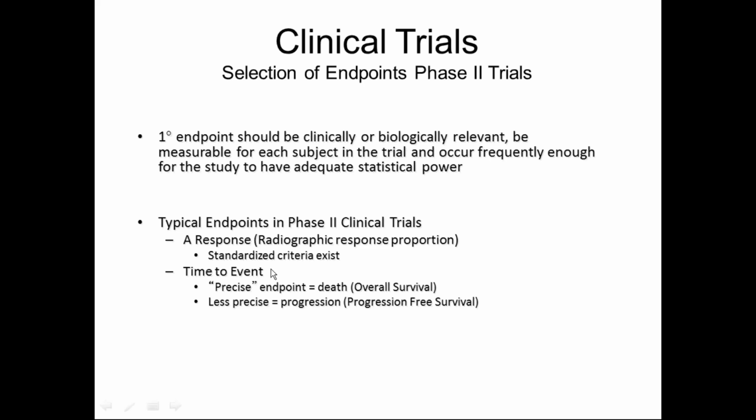Another, and sometimes finding a response is not easy, so we've got to find some other type of endpoint, and often these fall into the category of time to events, okay? And in cancer, we use these a lot, particularly overall survival. So obviously, in some cancers, that may not be good. If we're very good at treating it, most patients may actually survive their disease.